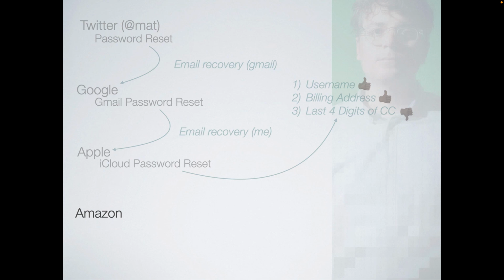Okay, so what the adversary did, I think it was a he because Matt Honan ended up talking to him after and asked him how to do the attack. That's why we know these details. But the attacker said, I'm Matt Honan, I want to reset my password. What do I need to do? And Amazon basically says the same 3 things. We need your username, we need your billing address, and we need the last 4 digits of your credit card. Okay? So that was a roadblock.